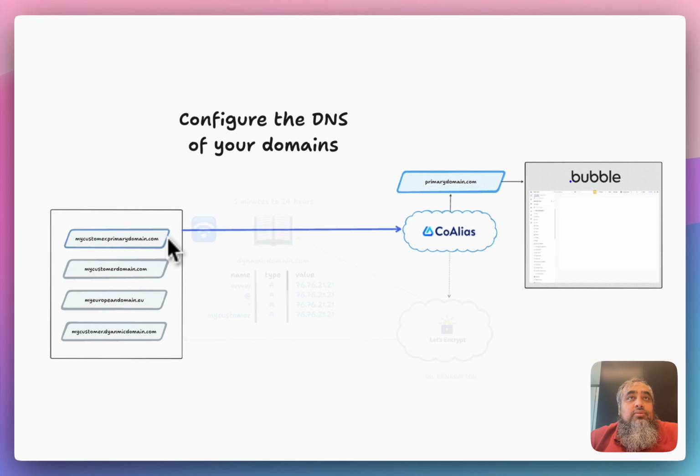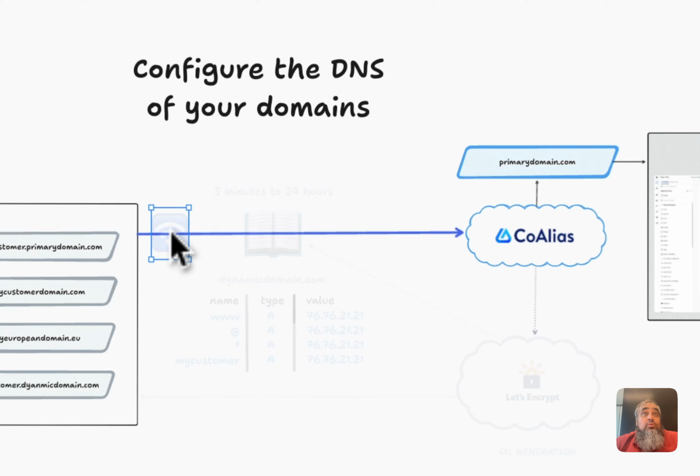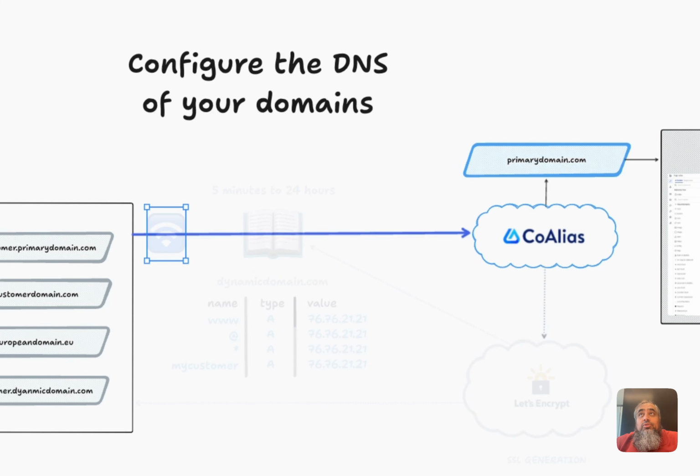Every time you visit a domain on the internet, it needs to be looked up. So there's this phone book, we call that DNS, and in that phone book there's a table for every domain.